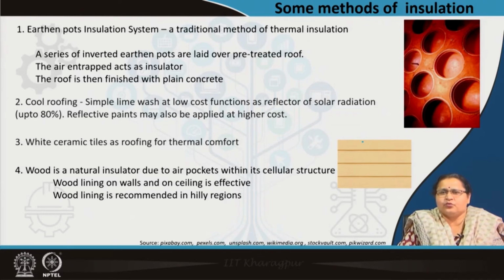So, wood can act as a very good insulator. With wood lining on inside walls and on ceilings, particularly in hilly regions where it is abundant, you can get thermal comfort inside.